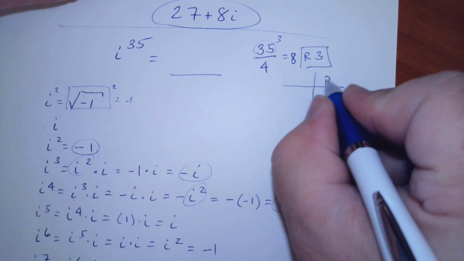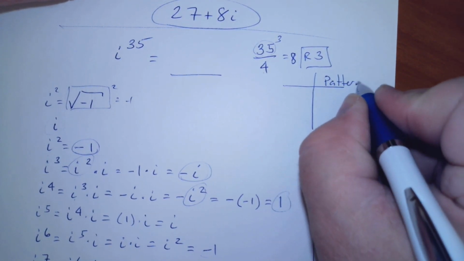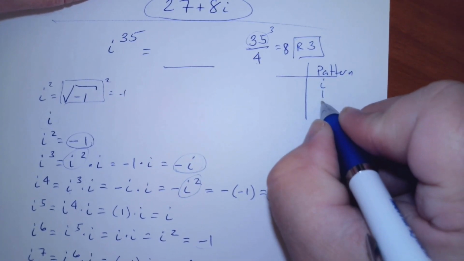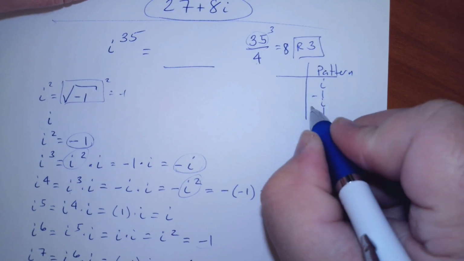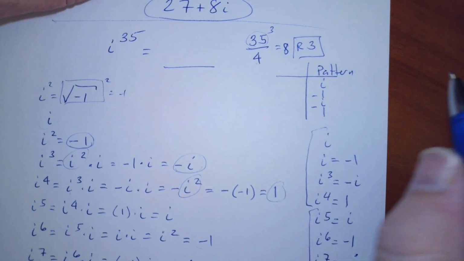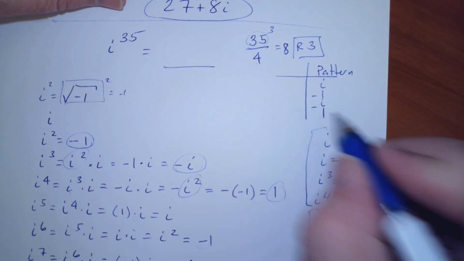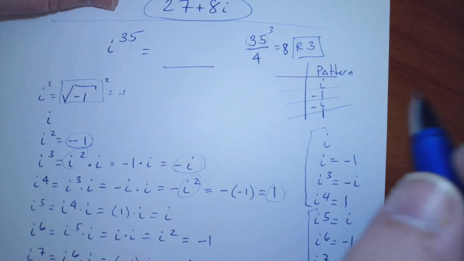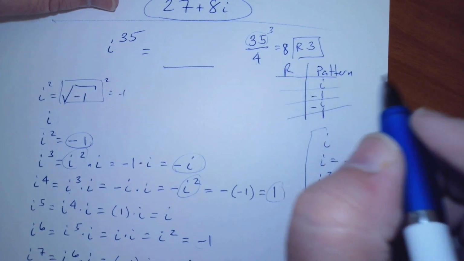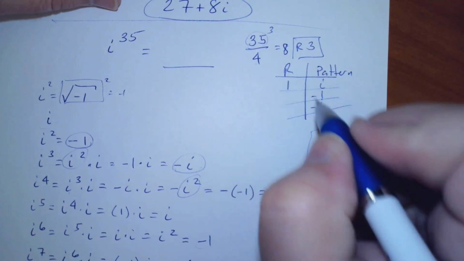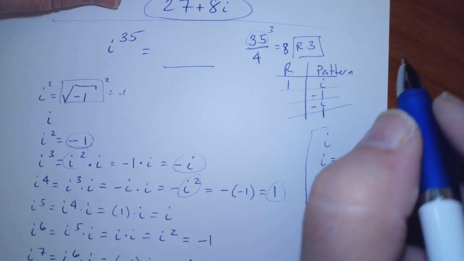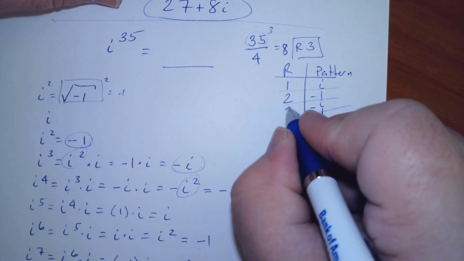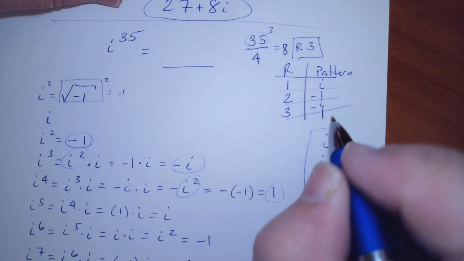The pattern is i, negative 1, negative i, 1: the middle two are negative. So the first column is the remainders. If the remainder is 1, the answer is i. If the remainder is 2, it's negative 1. If it's 3, it's negative i.